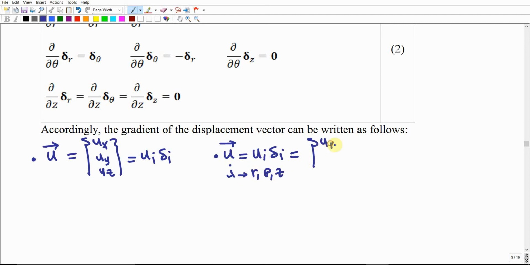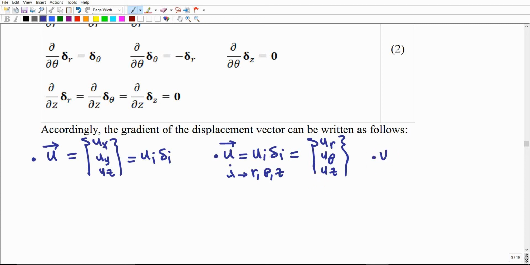So it is ur, u theta, uz: the displacement along the radial direction of the cylinder, u theta is the displacement in the angular direction, and uz is the displacement in the axial direction, parallel to the axis of the cylinder.